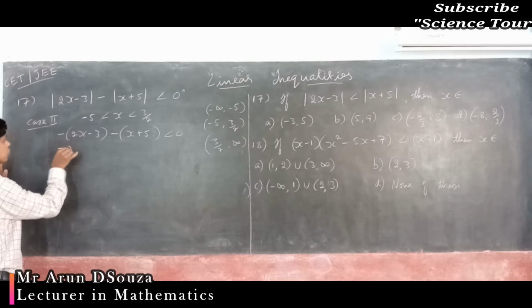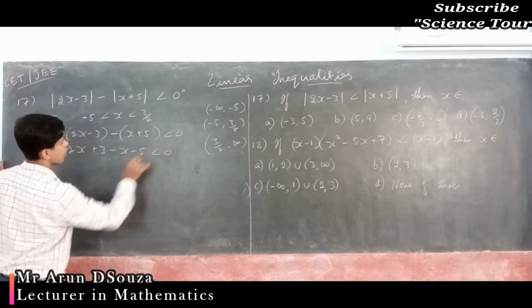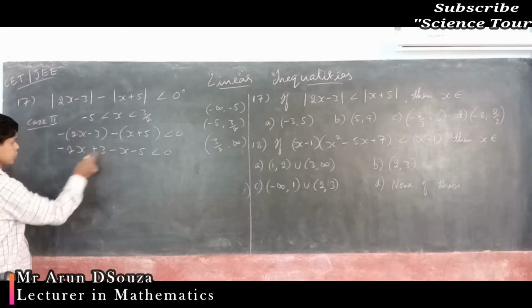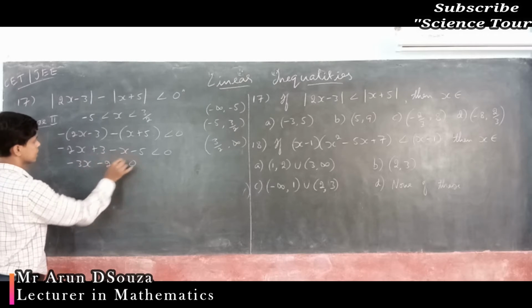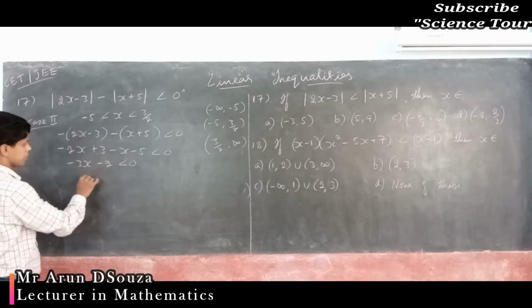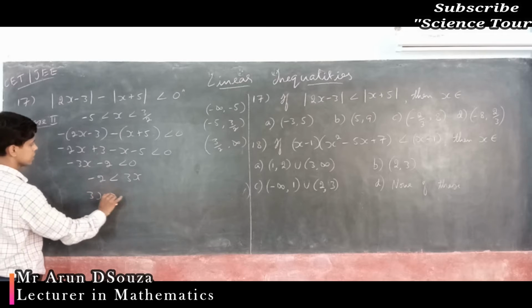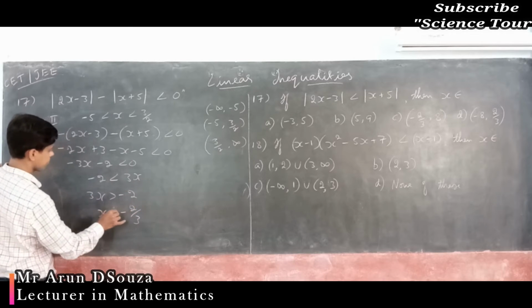Well, simplify. So, minus 2x plus 3 minus x minus 5. Right, and then you have minus 3x minus 2 less than 0. So, 3x can be taken to the other side. So, 3x is greater than minus 2, x is greater than minus 2 by 3.